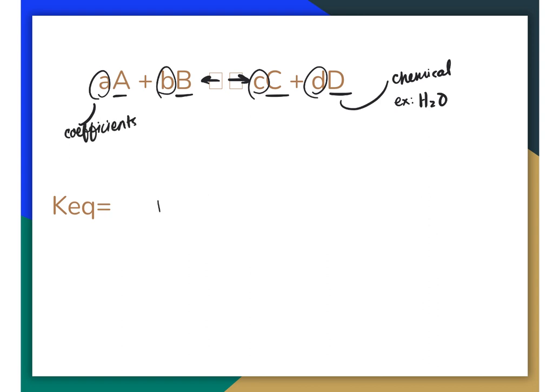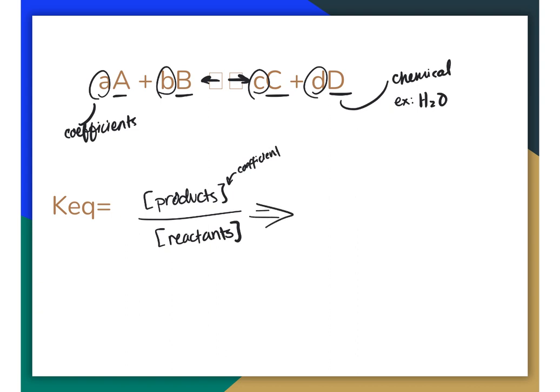So when we are looking at making a KEQ equation, we're going to put the concentration of our products over the concentration of our reactants, and then it goes to whatever power the coefficient is. So let's say I'm looking at this sample here.